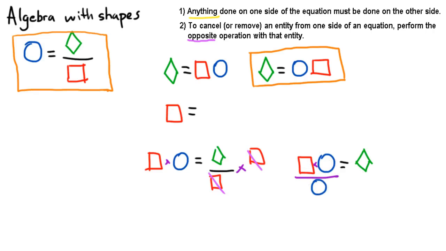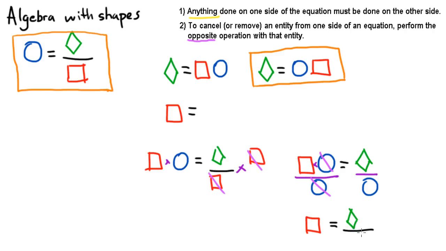You do it to one side, you got to do it to the other side. Divided by the blue circle. And as we know, anything divided by itself cancels, right? And so we're left with the equation red square equals green diamond divided by blue circle.